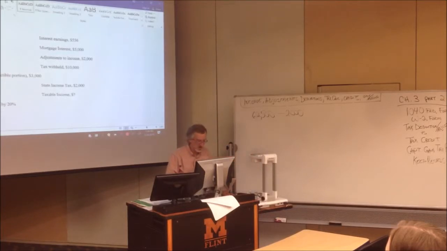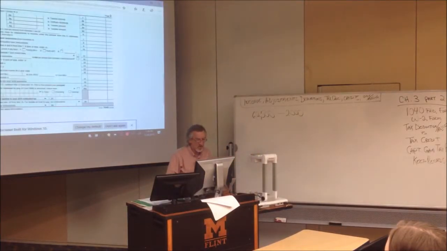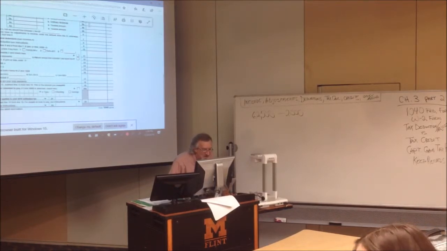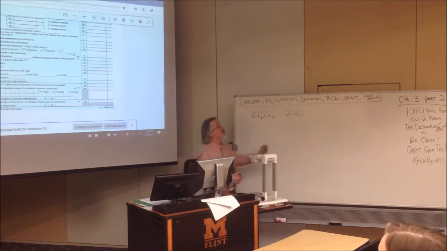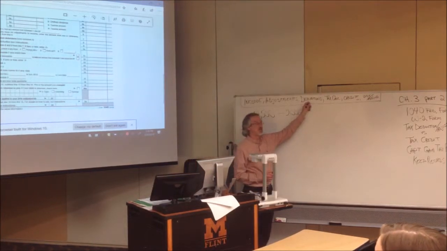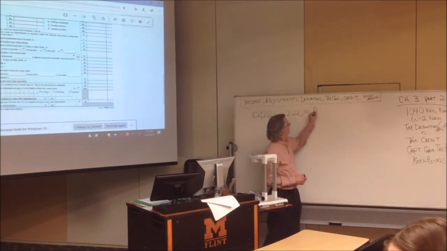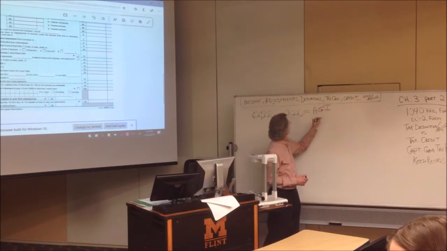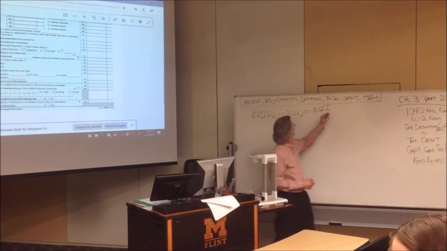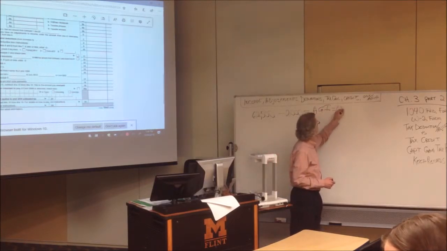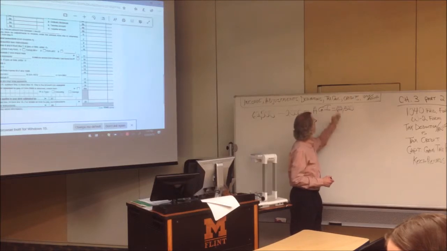Let's go back to the form. Adjusted gross income is, where is it? Line 7. And line 7 is just before the standard or itemized deductions. So just these 2 numbers equal AGI, adjusted gross income, which happens to be 60,500. Subtract that 2,000.